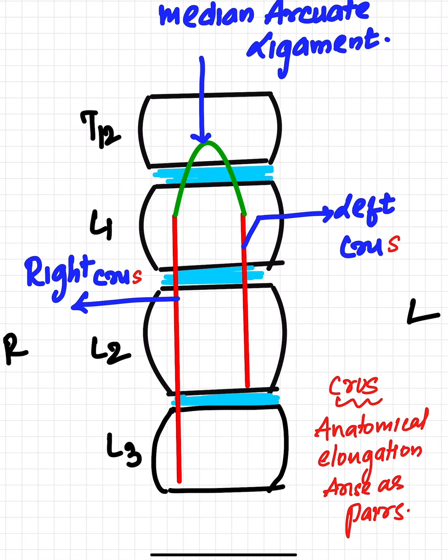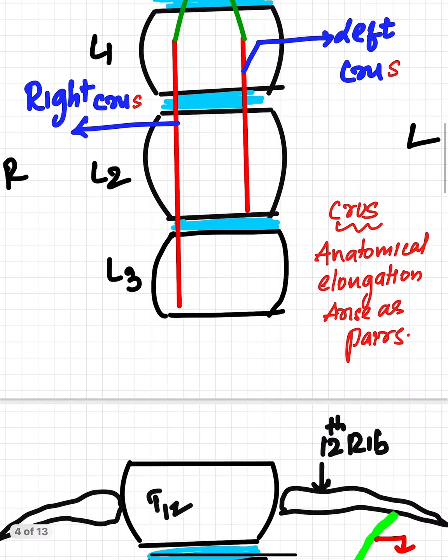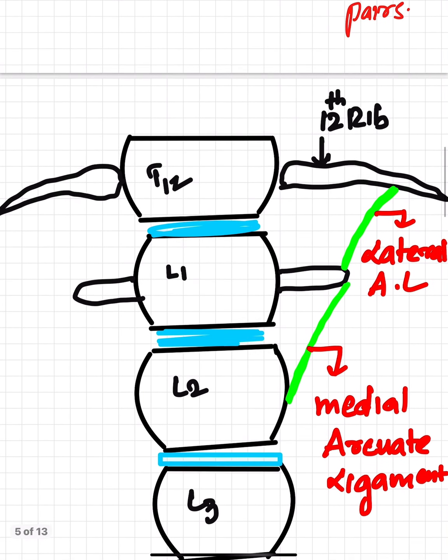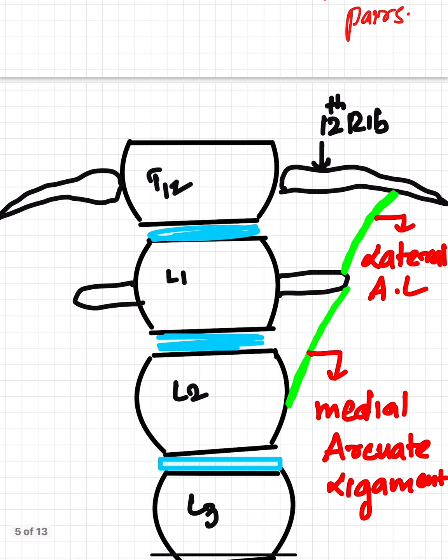Now coming to the arcuate ligaments, which are five in number. The first one is the median arcuate ligament, a fibrous arch that extends between the upper ends of the two crura of the diaphragm. The medial arcuate ligament is the thickened upper margin of the psoas sheath, the fascia covering the psoas major muscle.